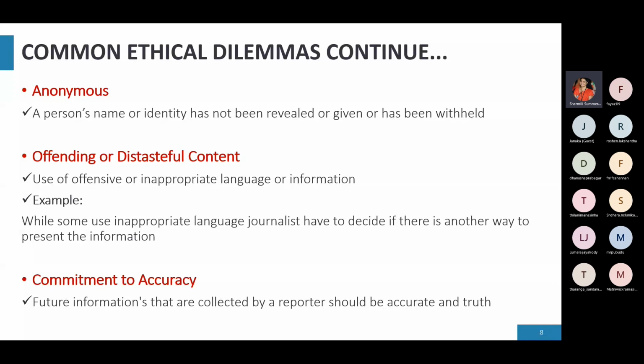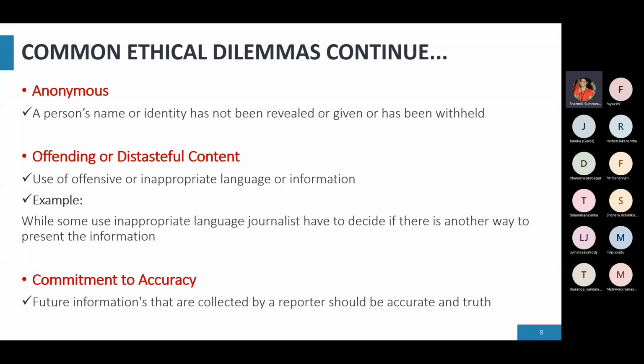Any employee could write an anonymous letter without mentioning the name, so we can't identify the identity of that person. I don't know the Sinhala term; those who know it can share with others as well. So that is anonymous. It is also one ethical dilemma.